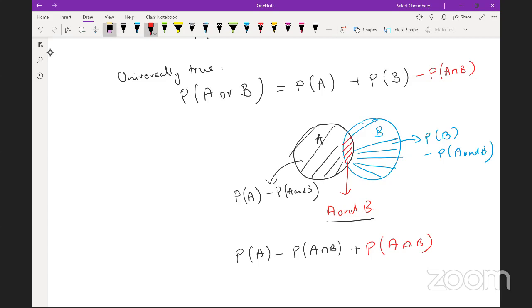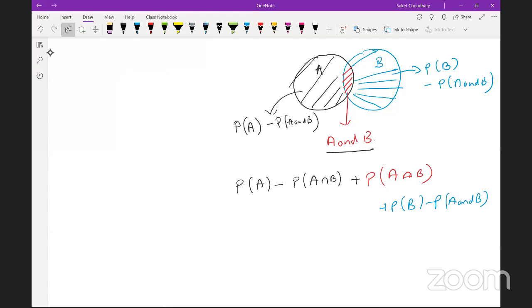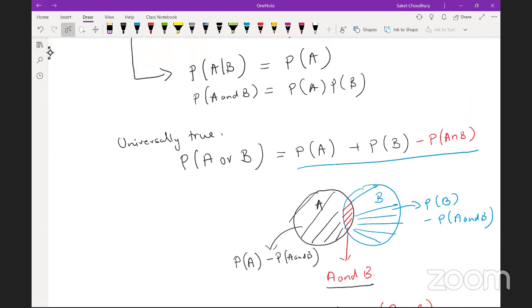And finally, that's your blue area, which is PB minus P(A and B) again. So you subtract two times, and this essentially leads to this formula. This formula essentially holds always. There are no restrictions. However, if A and B are independent, then you know what P(A and B) is.